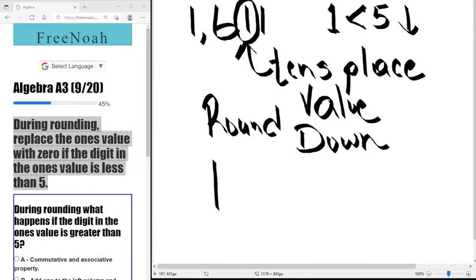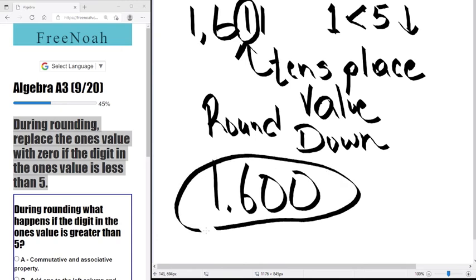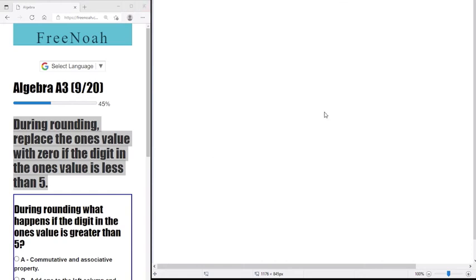Well, we get 1,610. We just replace the ones value with a 0 because the digit is less than 5, or 4 or less.